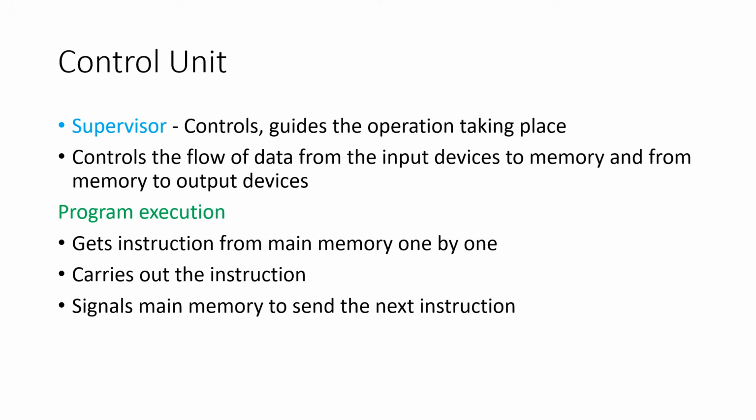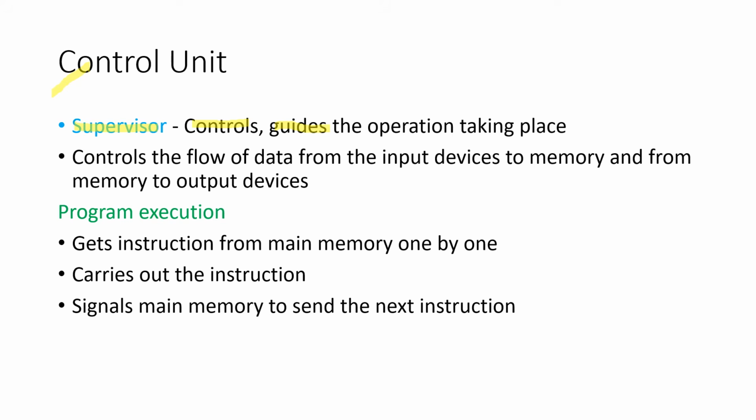The next important unit which we will look at now is the control unit. The control unit acts as a supervisor by controlling and guiding the operations taking place. Basically, the control unit controls and guides the interpretation, flow, and manipulation of all data and information. For example, in a program execution, programs generally have multiple instructions and these are stored in the memory.